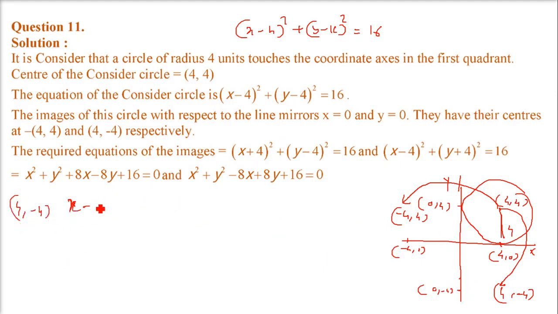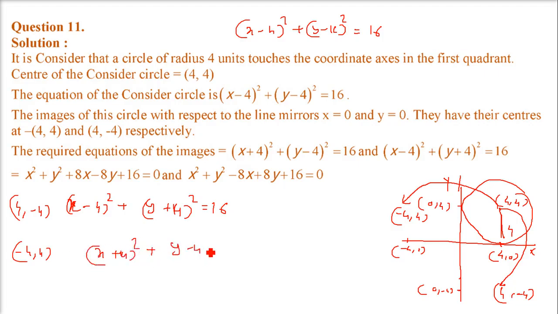So (x minus 4) whole square plus (y plus 4) whole square equals 16. And the other is (minus 4, 4), so (x plus 4) whole square plus (y minus 4) whole square equals 16. Okay, these two are the equations. First will be this one, second will be this one.